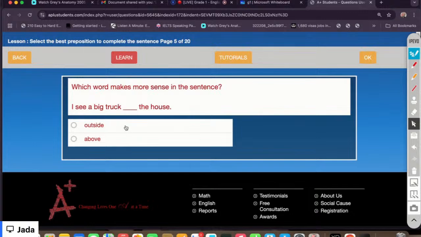So it will be outside the house because we cannot say above. Above is just like saying up above the house.